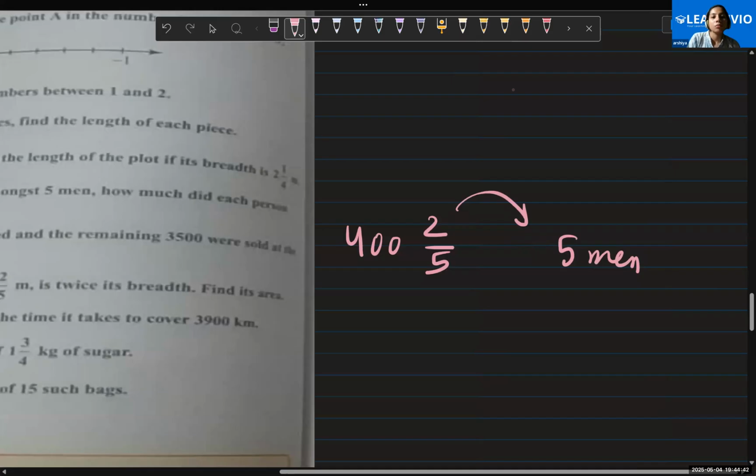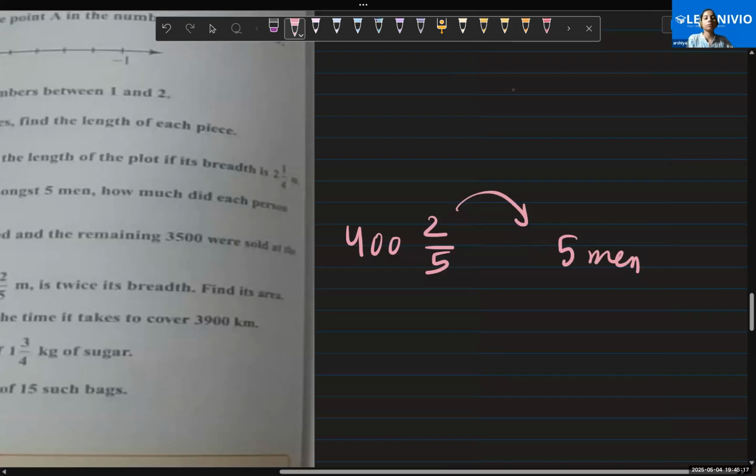What's 400 into 5? Not 16,000, 1,600. No, no. How much are 5 fours? 20. So 5 fours are 20 and 2 zeros, so 2000.